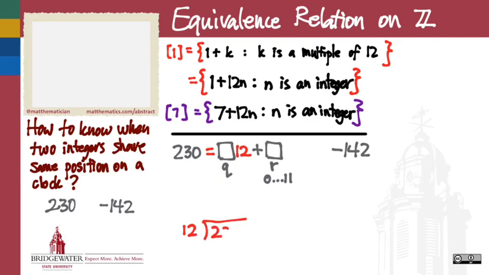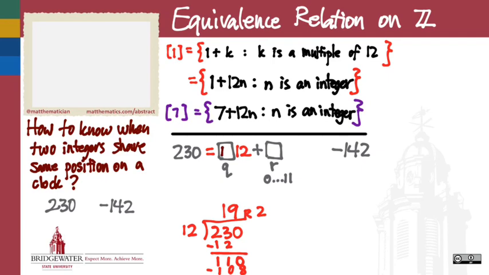Long division? Why not? 12 goes into 23 once. Bring that down here. Subtract. Gives me what, 11? And then 12 goes into 110 9 times. Quotient of 108. And so the remainder is 2.